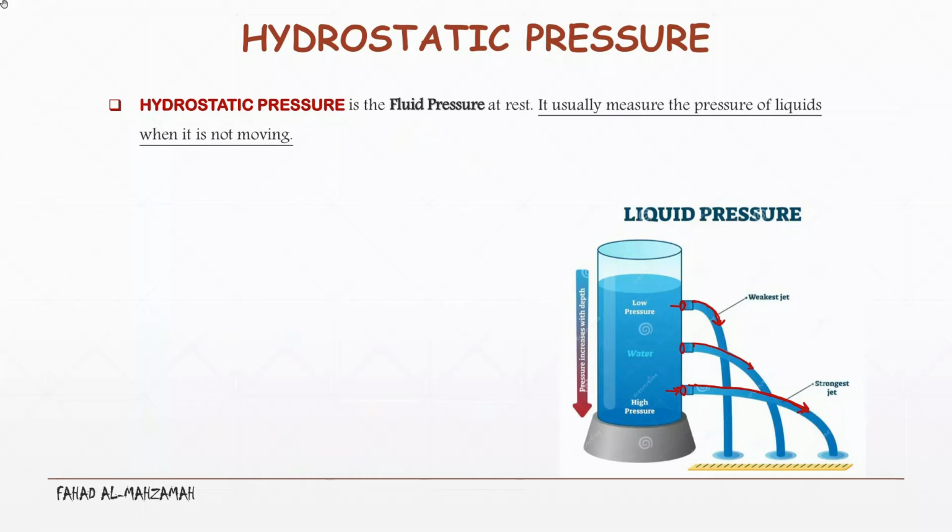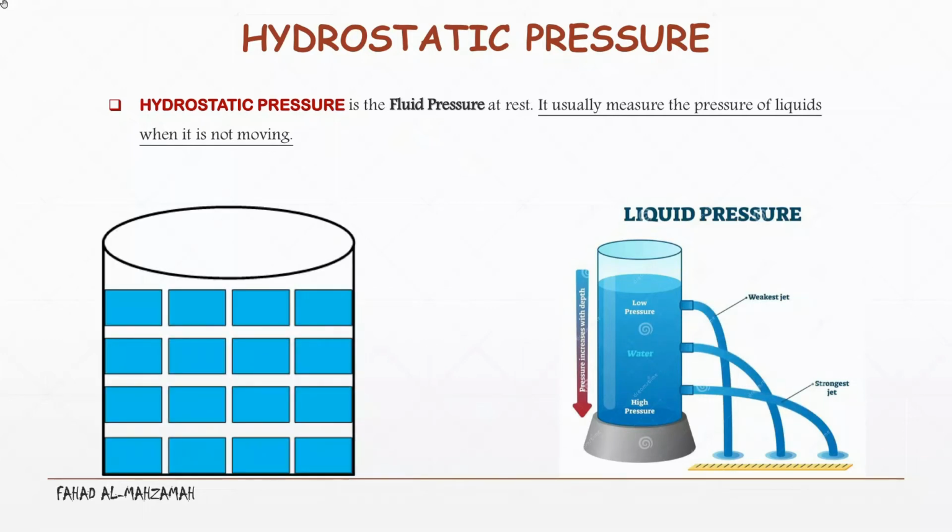So why the pressure? Since we punch on the wall of the container, why is there a high pressure on the wall of the container at this point, and a low pressure on the wall at this point? Let me redraw the molecules.